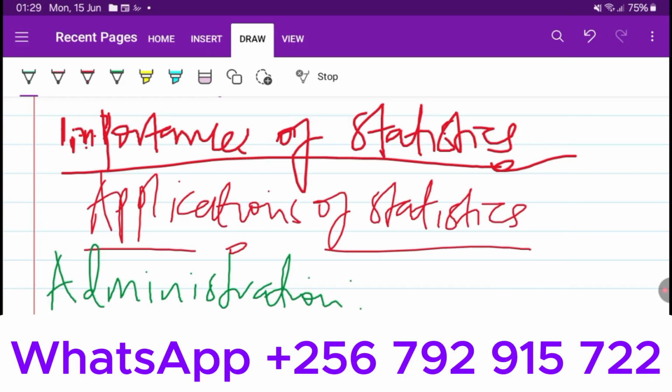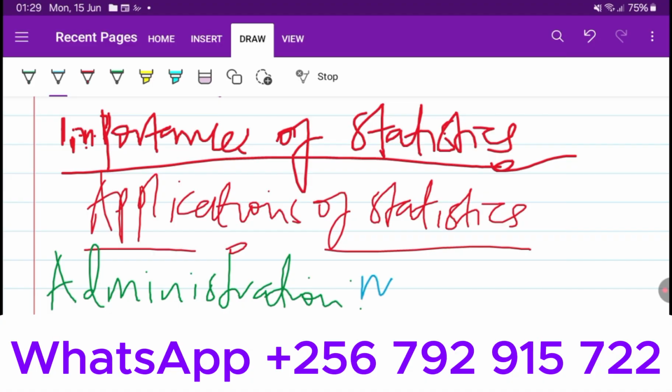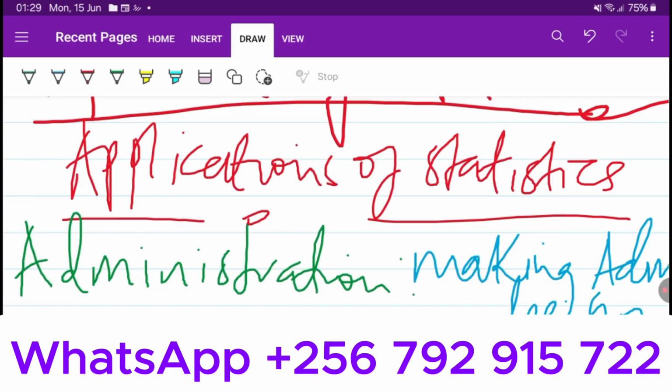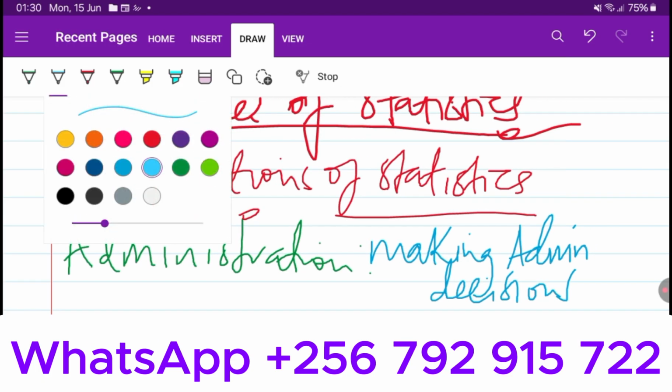The administration will look at it from the point of making administrative decisions.